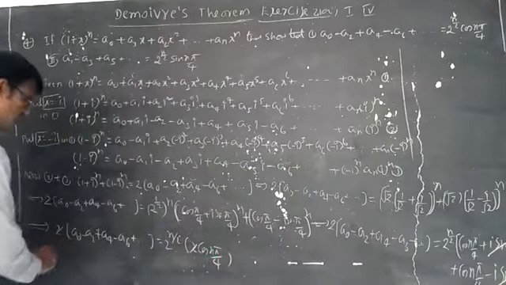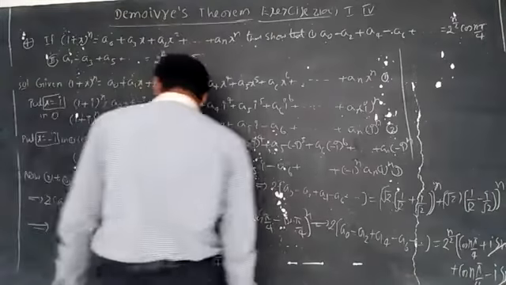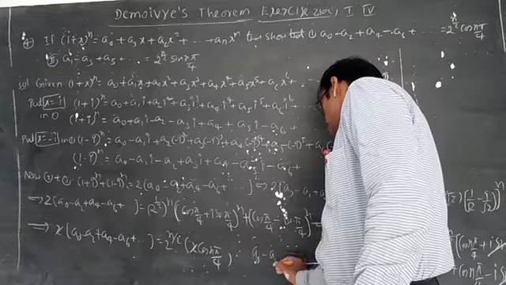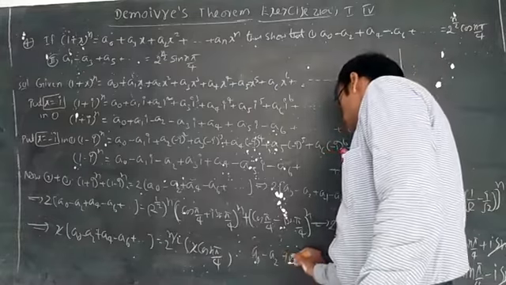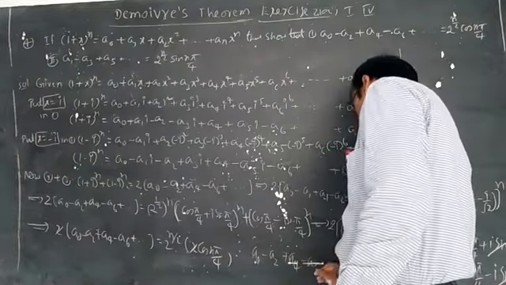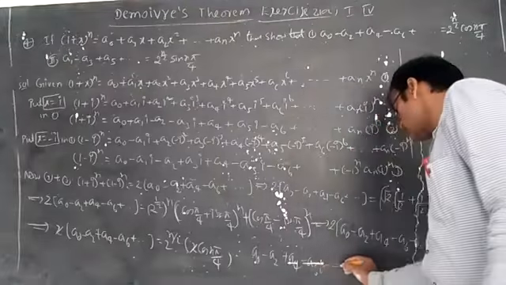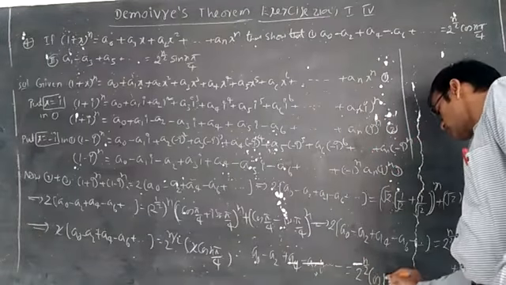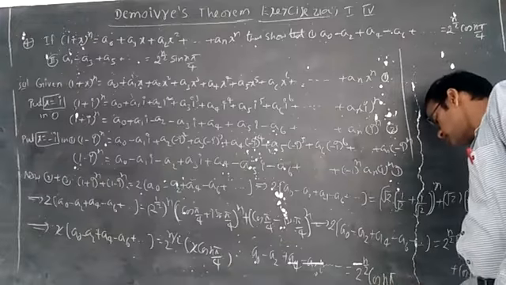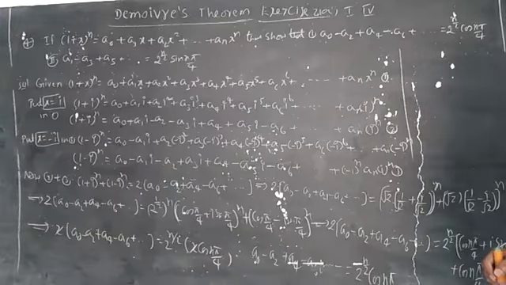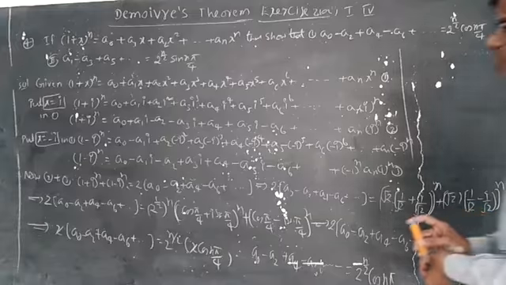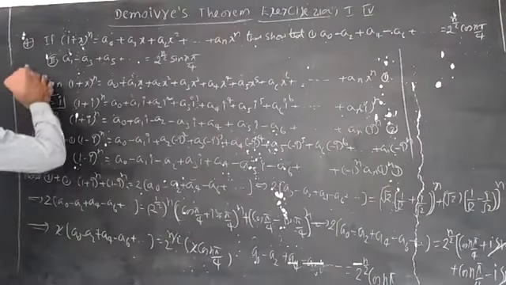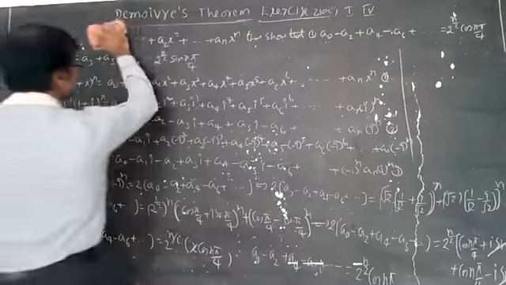Here this 2 and this 2 get cancelled, therefore we got the answer by comparing the real part: a0 minus a2 plus a4 minus a6 plus so on is equal to 2 power n by 2 cos n pi by 4. Real part we got.